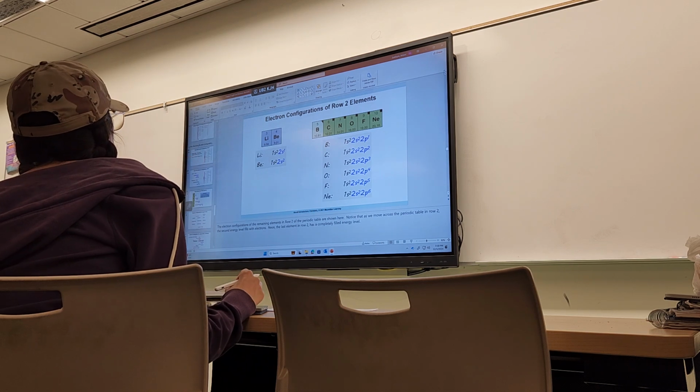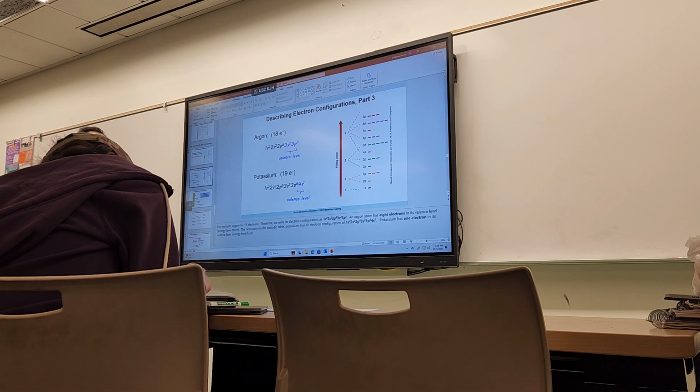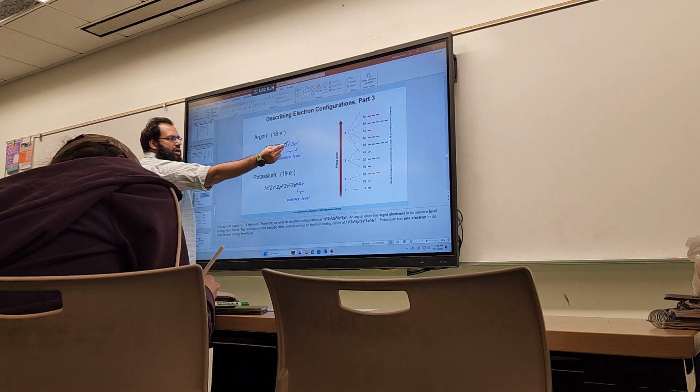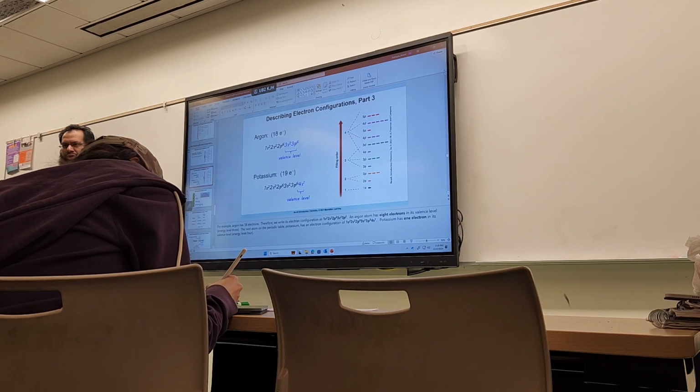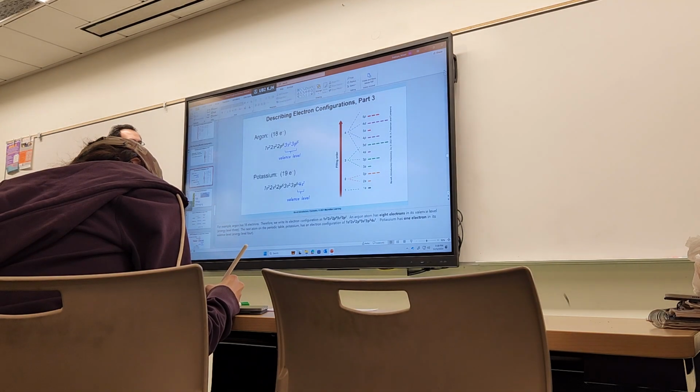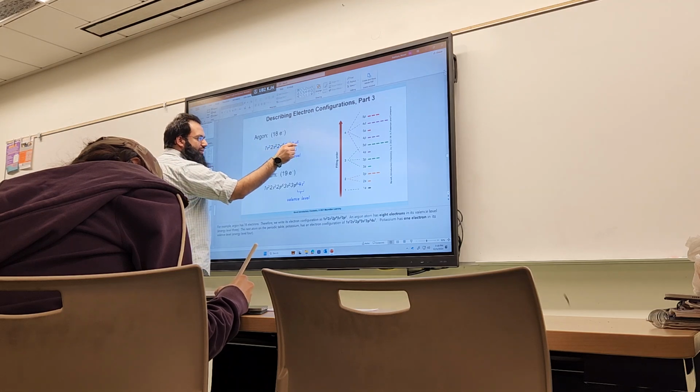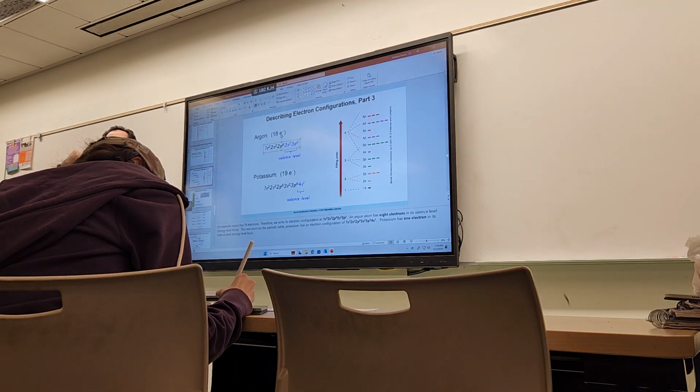You have to fill every single electron. If you add all of these numbers on top, it should give you the total number of electrons. And the last electron that you filled will tell you where it is on the periodic table.